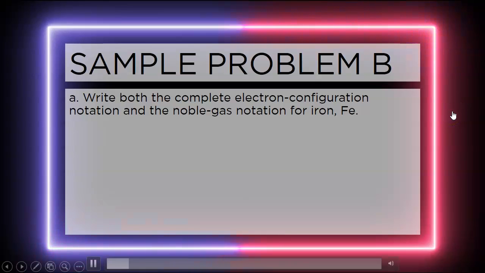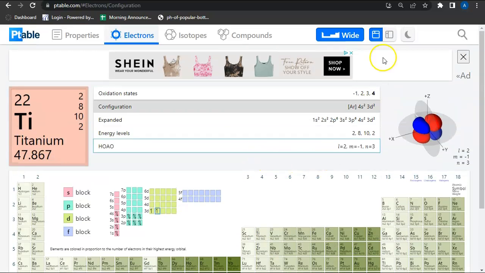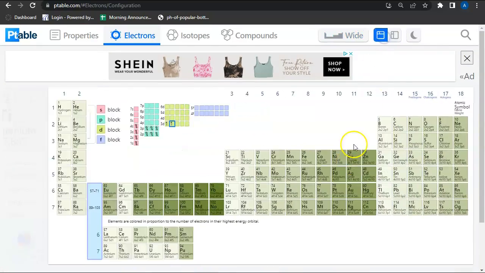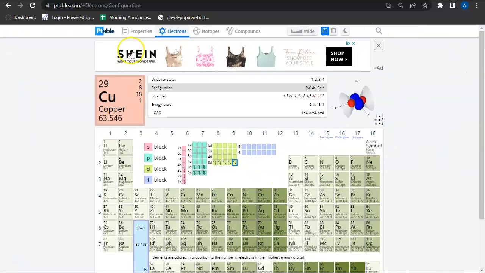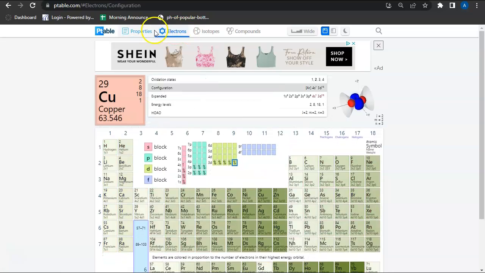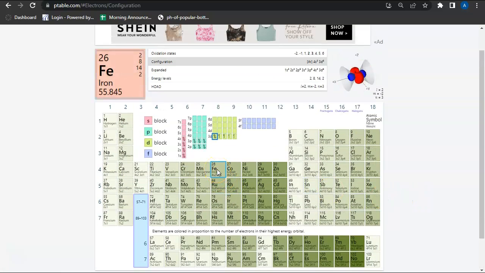So let's try to write the electron configuration for iron, Fe. So iron, we see that it is in the D block, and it's in the fourth period.